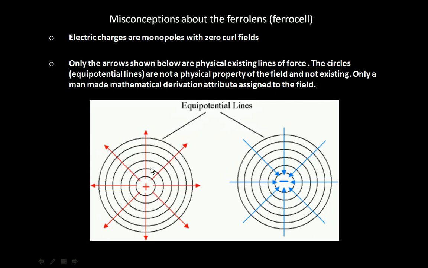And this we say is an equipotential, but it's not physically existing in the field. It's just a mathematical attribute we assigned. So it's impossible for a physical device like the ferrolens to show by definition magnetic potential and even more equipotentials.